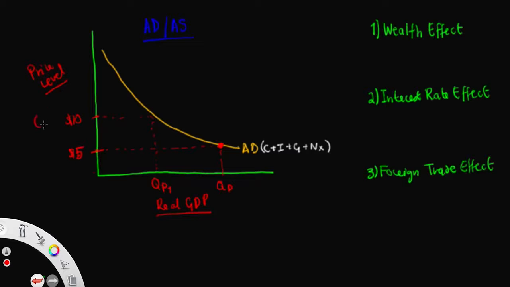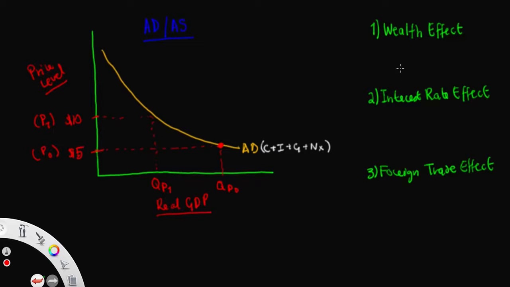And I guess I can call this P1 and P0, and this is quantity demanded 1 and quantity demanded 0. All right, so we clearly see that our quantity demanded decreases, and I think we can make that assumption based off of what we know from microeconomics. As price level goes up, our demand goes down. But there are other reasons why our aggregate demand has that same type of relationship in a macroeconomic context.